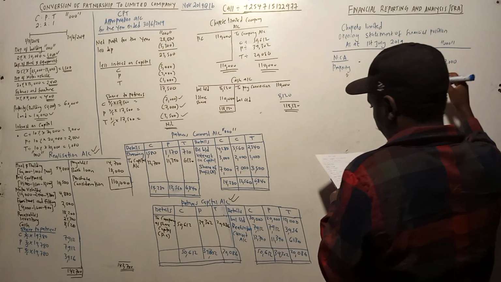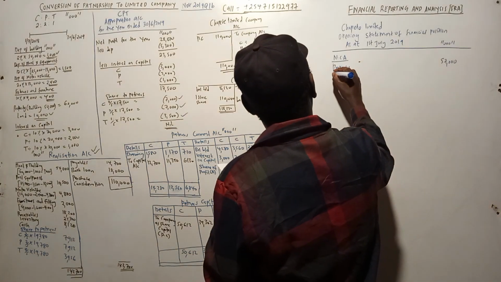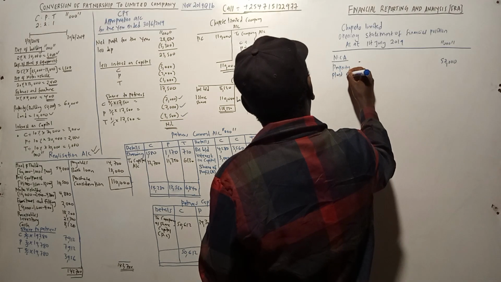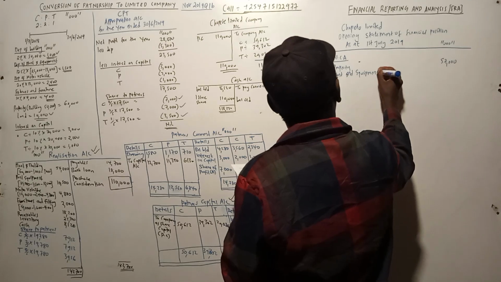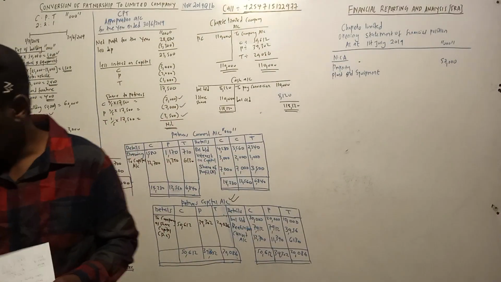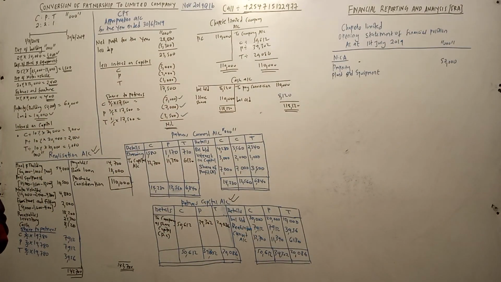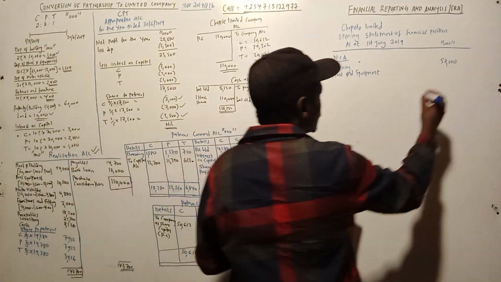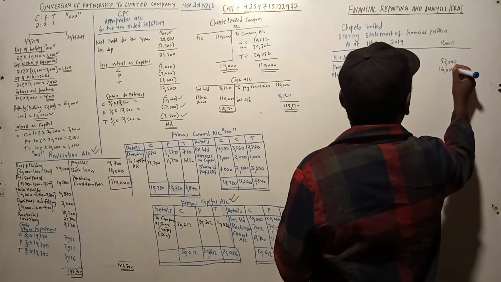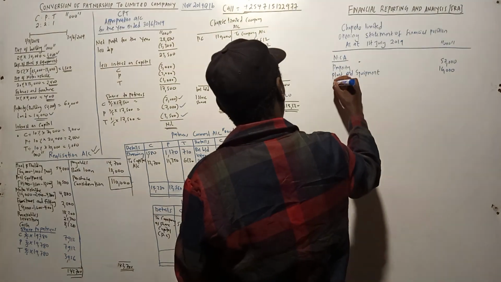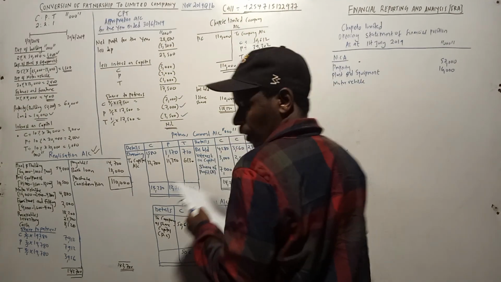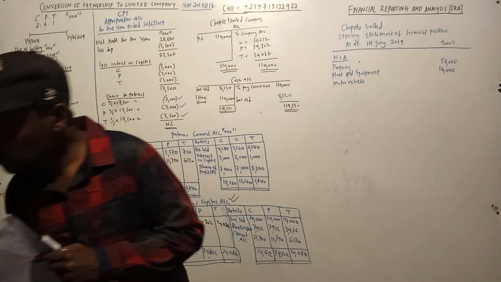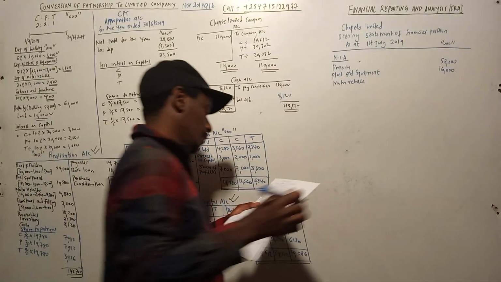Plant and equipment acquired was how much? 16,000. Then you have motor vehicle. Motor vehicle acquired was for how much? 9,500.